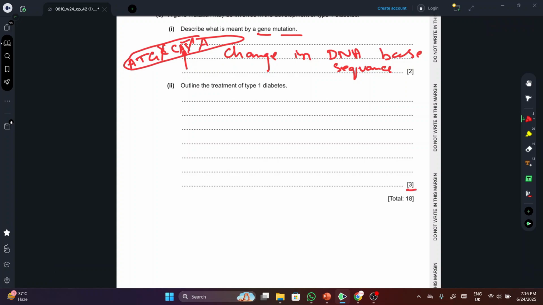A 3-mark question is: outline the treatment of type 1 diabetes. So type 1 diabetes means the diabetes which occurs at a later age, like 40-50 plus, and during that we have the option of insulin injections. We have the option of tablets.